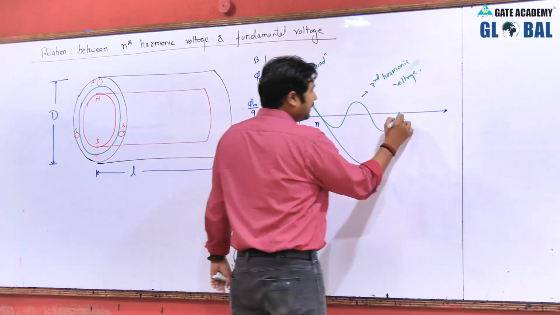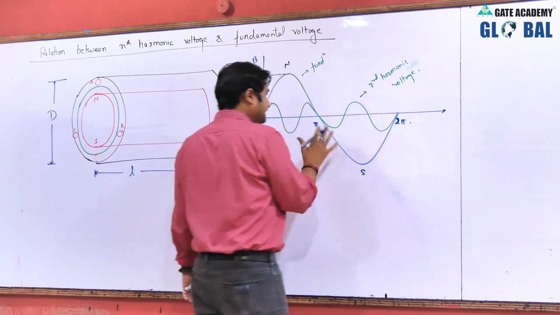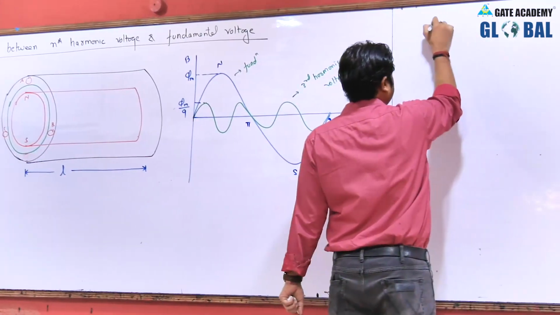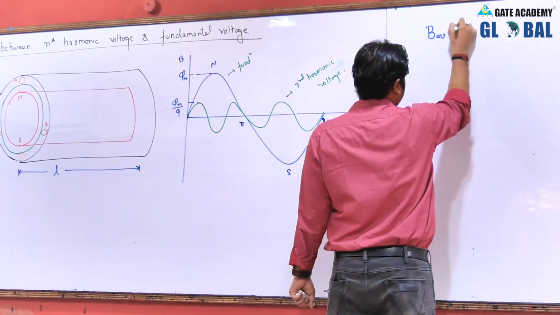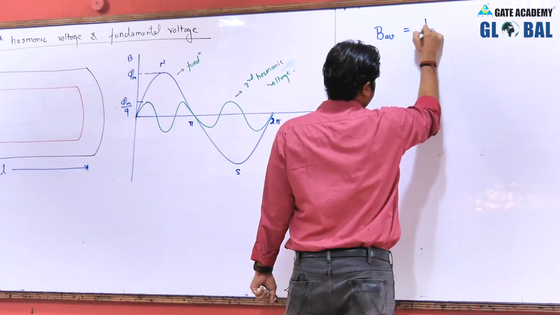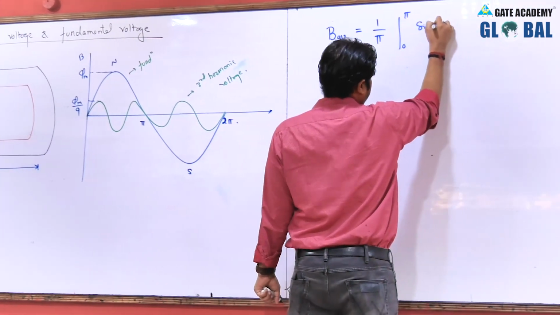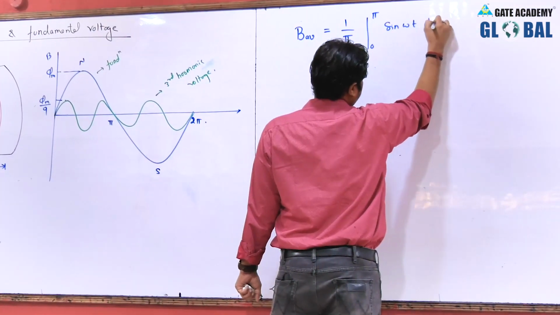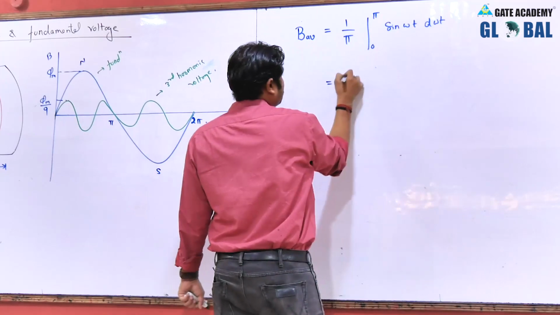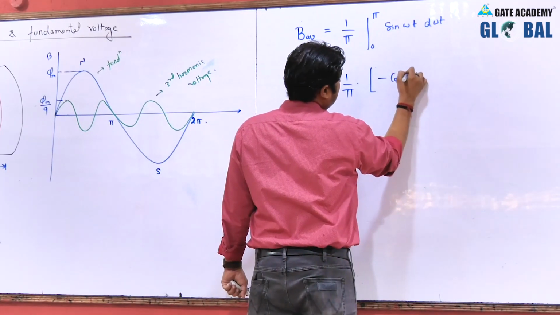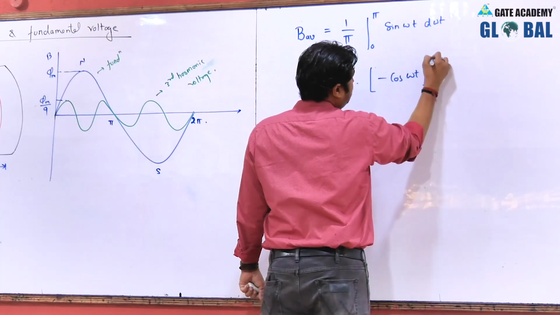Now please observe, if we go with the average flux density, then average flux density equals 1 by pi, integral from 0 to pi of sin omega t d omega t. So this is 1 by pi into minus cos omega t from 0 to pi.